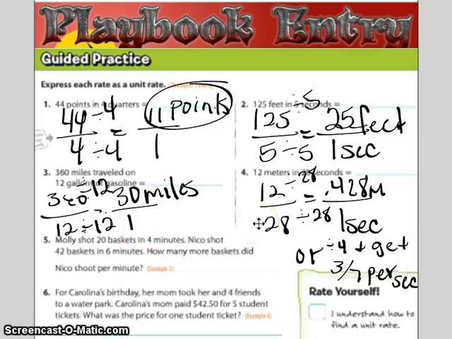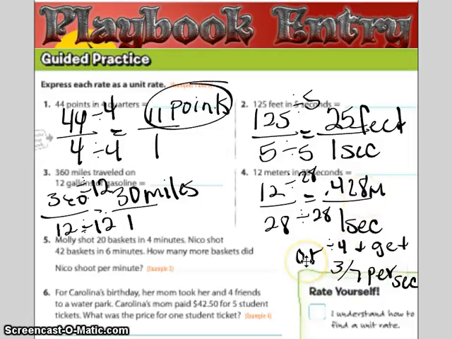Number 4 is a little different. 4 is 12 meters in 28 seconds, and you want to go down to 1 second. So there's 2 things that you can do. You can take 12/28 and divide all the way down to 1 to find the unit rate, which would be about 428 thousandths. In fact, it really just keeps going, but I stopped it at the thousandths place.